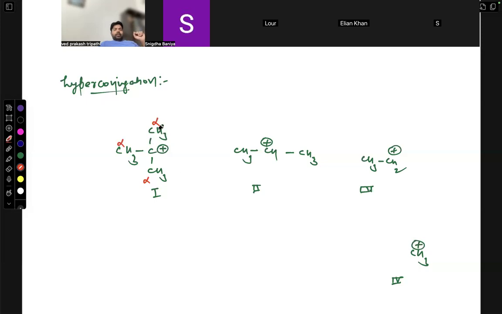9. 3, 3, 6, 3, 9. So alpha H is 9. We have to count all the hydrogens of the alpha carbon. And what is an alpha carbon? An adjacent carbon bonded to the carbocation. Okay, what about the second one? How many alpha H?